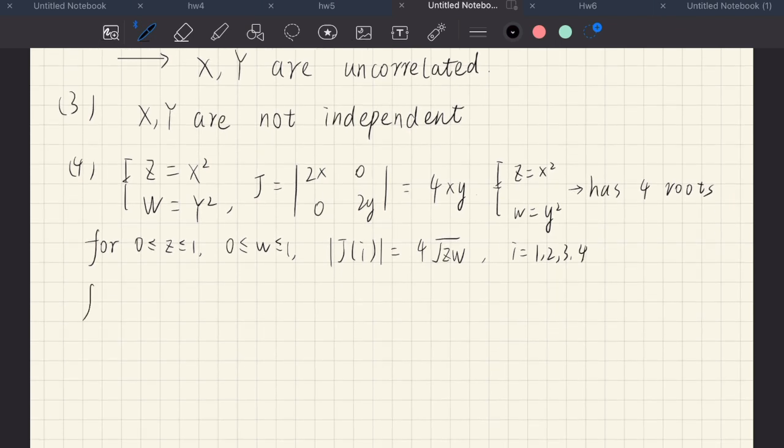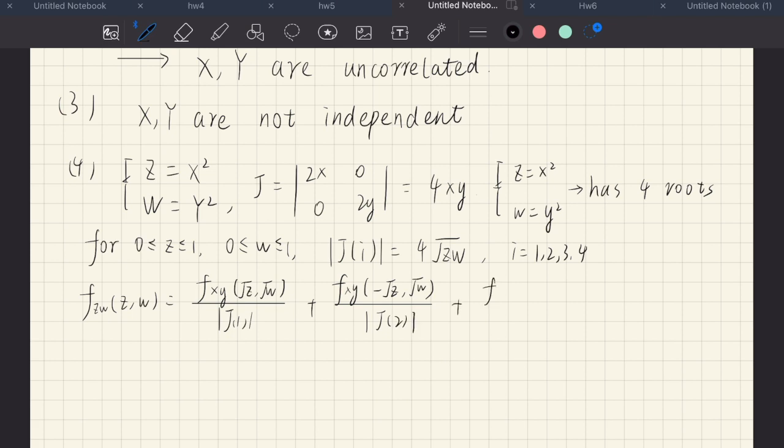And we know that the density function of ZW should be the density over Jacobian 1, and minus Z square W square over Jacobian 2 and so on.